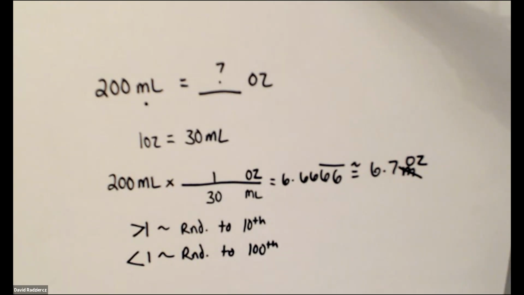Okay. Now, in reality, most of the time you're probably going to be converting ounces to milliliters, because everything that you do in medicine and healthcare is always going to refer back to the metric system, because the metric system is the universal system that's used everywhere else in the world. Canada, the UK, Europe, Asia, everywhere.